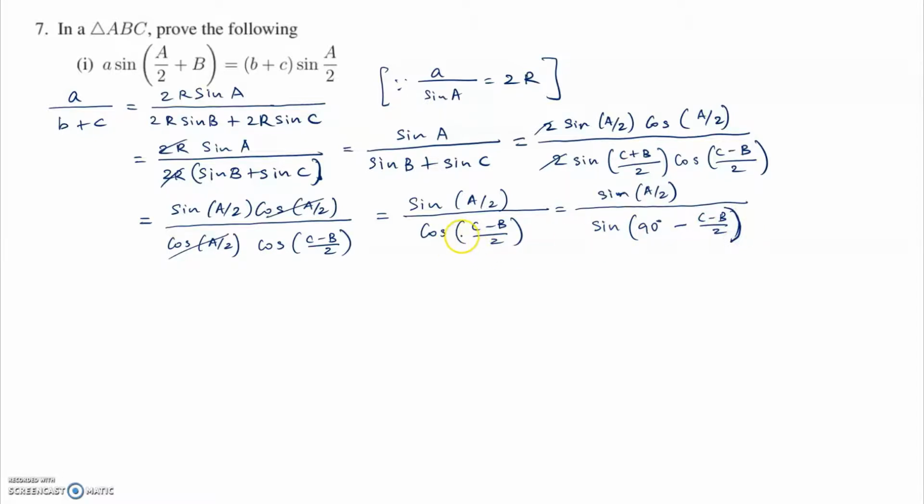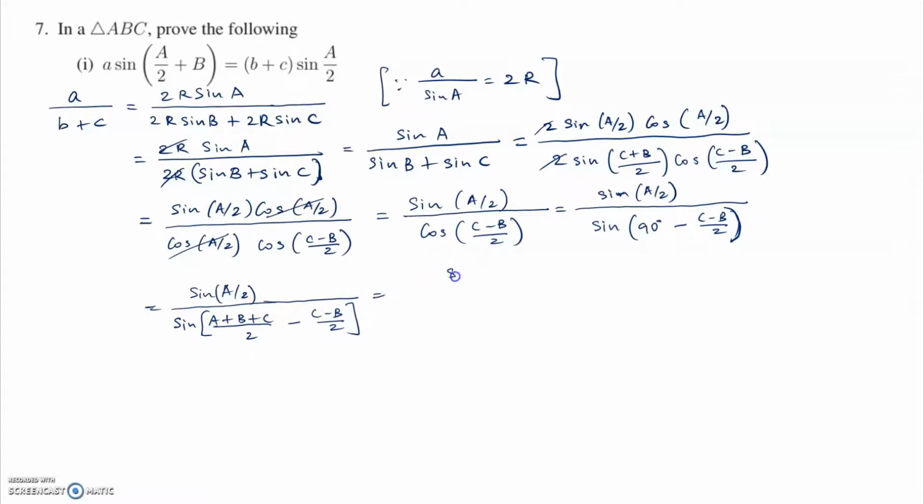This is the same as cos (C minus B)/2. So, let us keep the numerator as it is, sin (A/2) divided by sin of, now, the 90 can be written as (A plus B plus C)/2, because A plus B plus C is 180 degrees. 180 divided by 2 will be 90 degrees, minus (C minus B)/2.